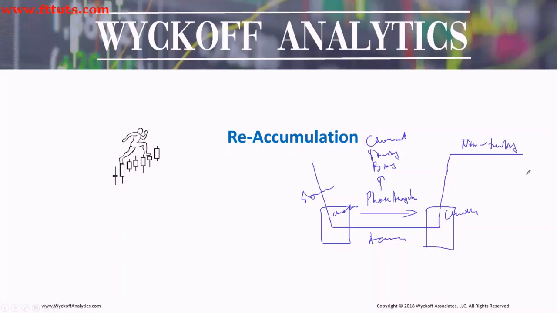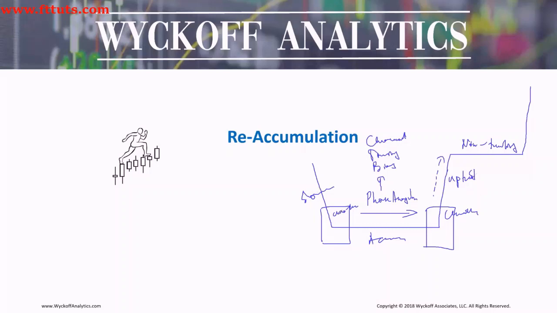And obviously, at this point in time, you would be thinking, is this a distribution or a reaccumulation? We're going to concentrate today on the reaccumulation, just concentrating on bullish patterns for now. So reaccumulation is different from accumulation in what preceded it. On the way up, we have an uptrend for the reaccumulation.